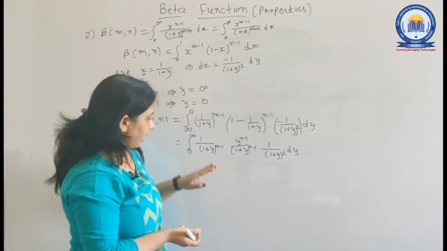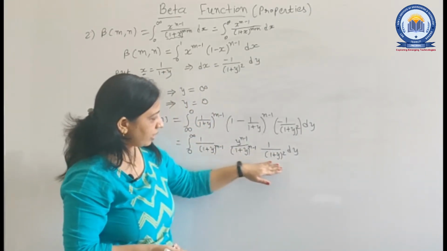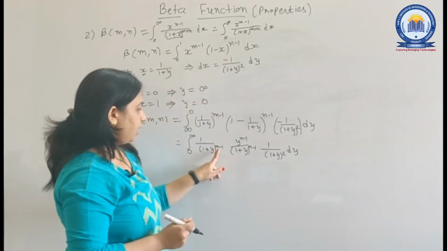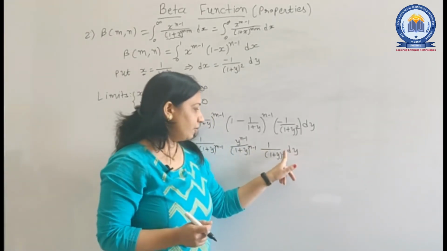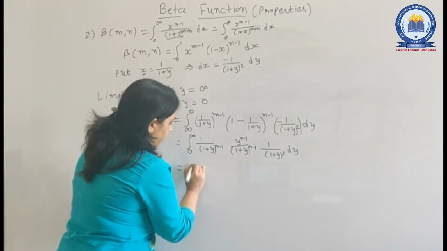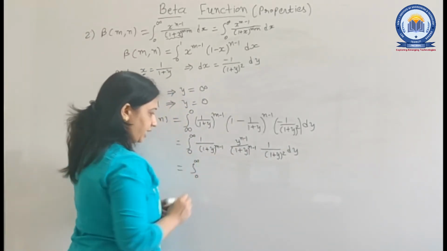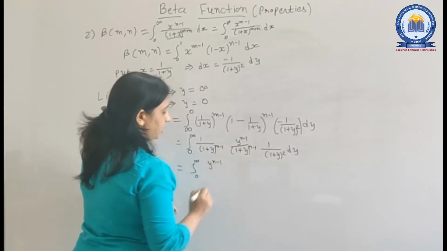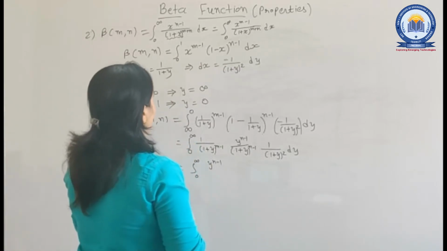So you can see 1 plus y, 1 plus y, 1 plus y, so we can add the powers. So it can be rewritten as 0 to infinity, now here only y raised to n minus 1. So what happened?